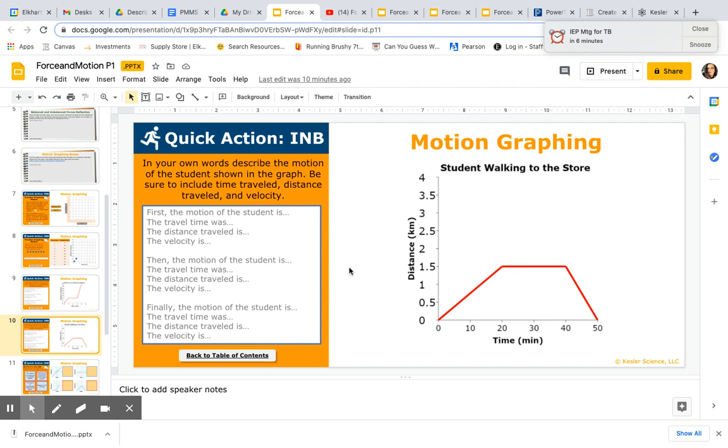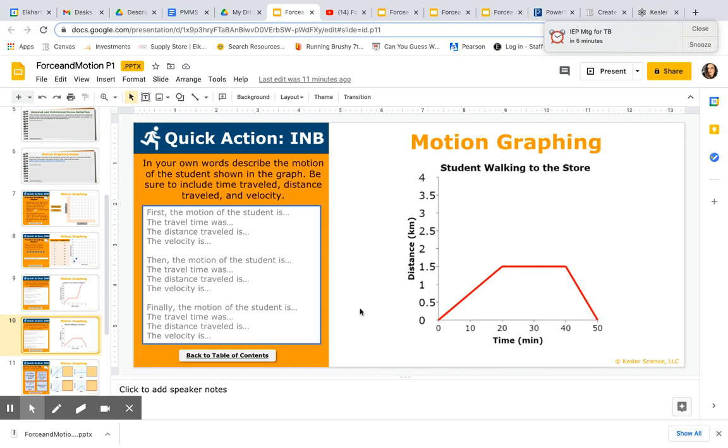Motion of the student was what? What way was it this time? The travel time was, how long did it travel? Did the student travel? The distance traveled was, what's the distance at?